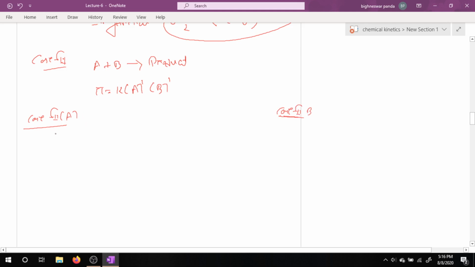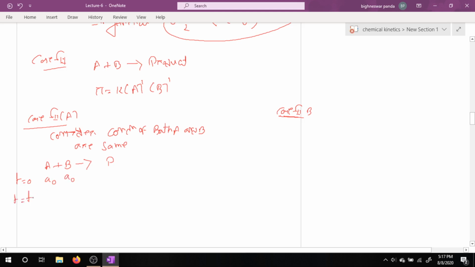For case 2a, consider the concentrations of both A and B are the same, that is, the initial concentrations of A and B are the same. So again I am writing the equation A plus B gives rise to P. When time t is equal to 0, I have initial concentration A naught, and since the initial concentration of both A and B are the same, B also has A naught.